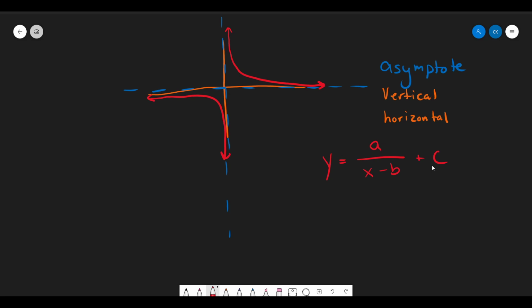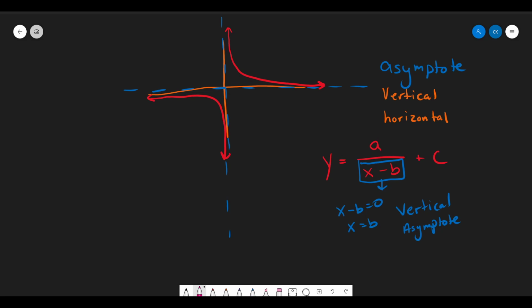That is your vertical asymptote. The vertical asymptote is just taking the denominator, setting it equal to 0, and solving. So in this case, it would just be x is equal to b. This is your vertical asymptote. So what we were doing before, that's how you find your vertical asymptote. Take the denominator, set it equal to 0, solve, that's your vertical asymptote.